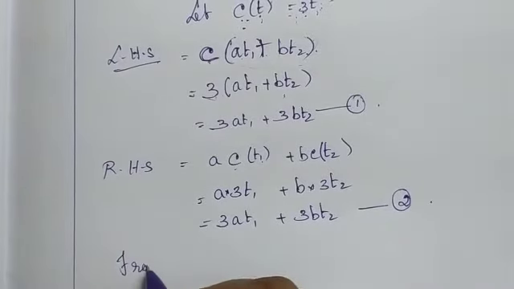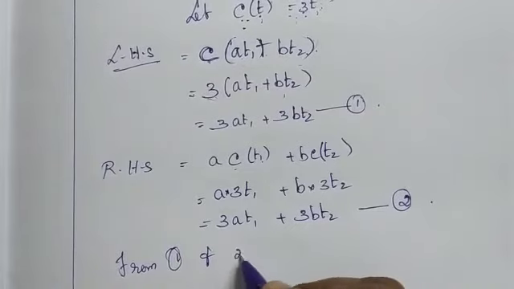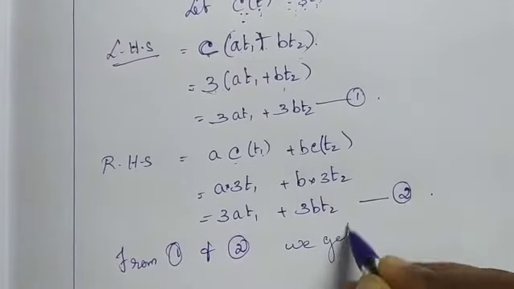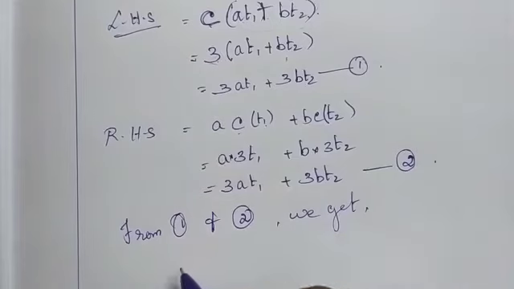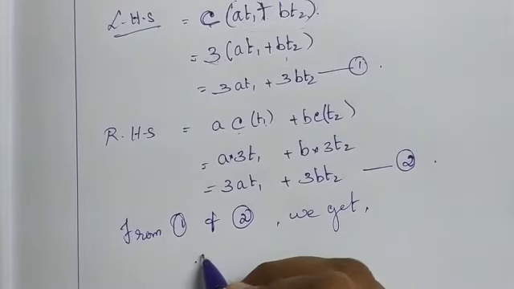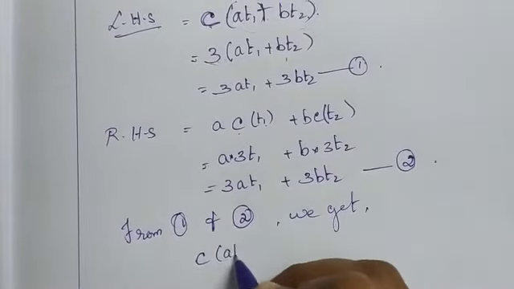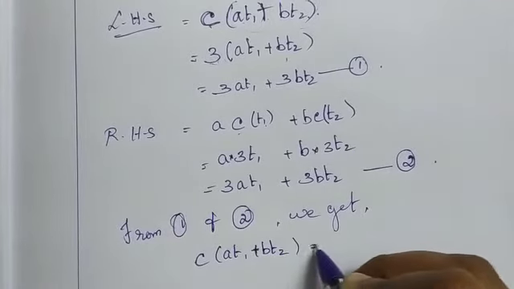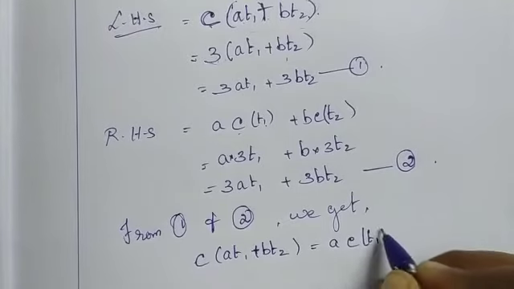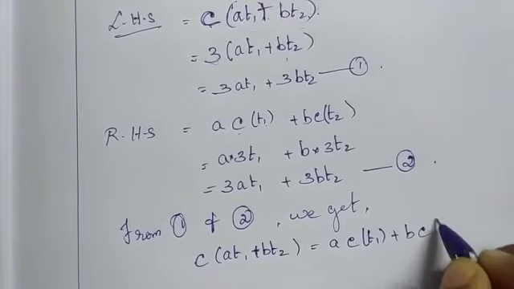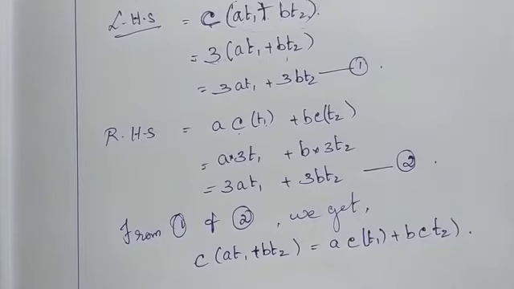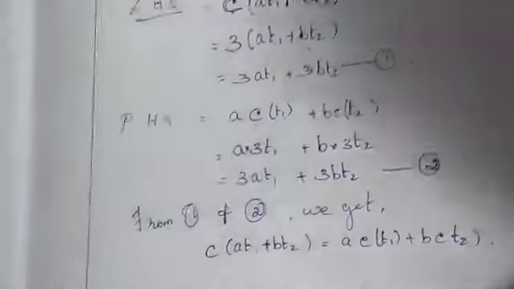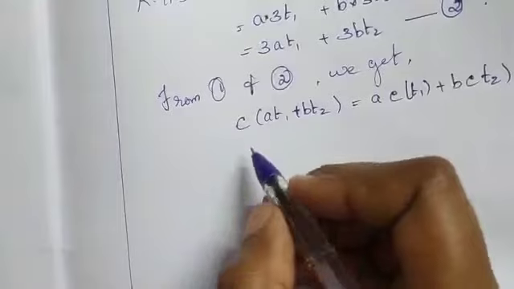From 1 and 2, we get left hand side is equal to right hand side. That is C of at1 plus bt2 is equal to a C t1 plus b C t2. From the question, if this principle is satisfied, C of t is equal to 3t is linear.